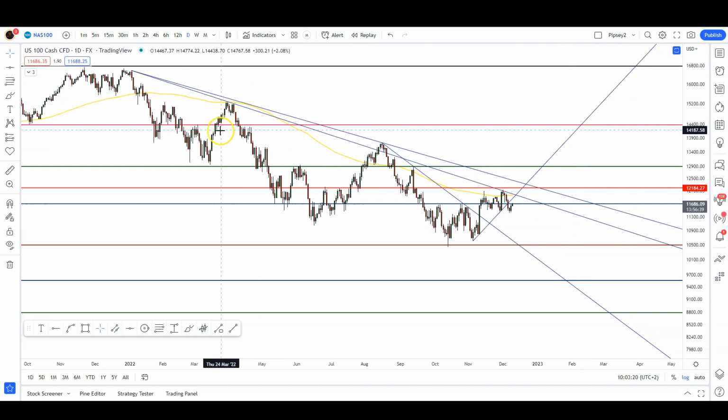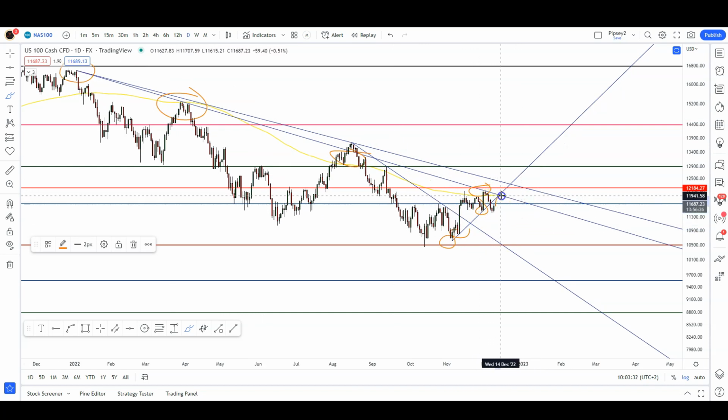So once again, resistance, support, potential resistance, right? Fibonacci retracement tool, this small higher, this low, this takes us into the golden pocket here, right? And then hopefully we get that drop.